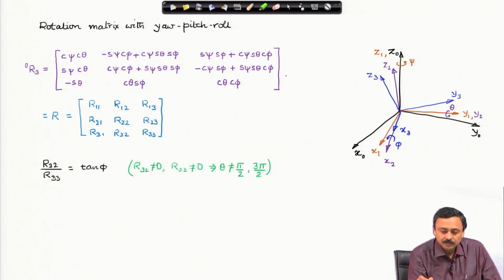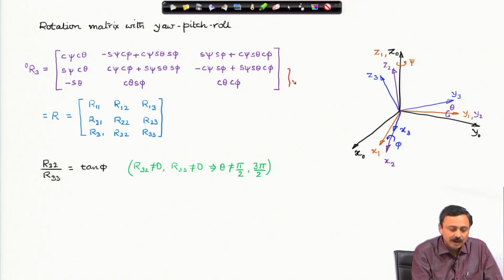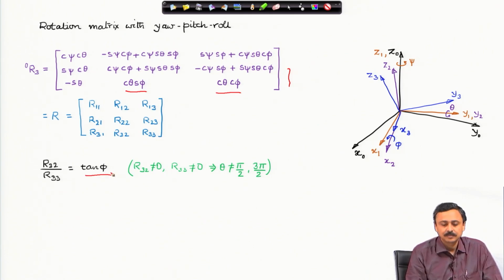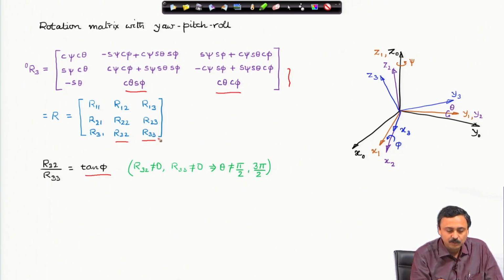Note, from the general matrix, this one, R32 by R33, R32 is this and R33 is this, the ratio of these two is tan phi. Therefore, when I take the ratio of these numerical values, that should be tan phi, if R32 is not equal to 0 and R33 is not equal to 0.